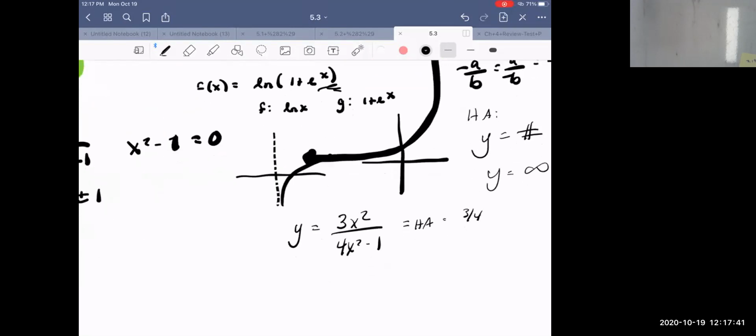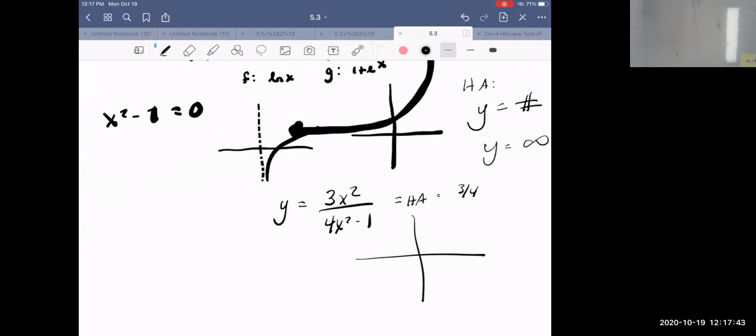If this is 1 here, we'll call this 3/4. This is going to be my horizontal asymptote. Whatever the graph looks like, whether it's going to positive or negative infinity, it's going to approach that asymptote height horizontally. You see? So it's going to approach from both directions is what I'm trying to say.